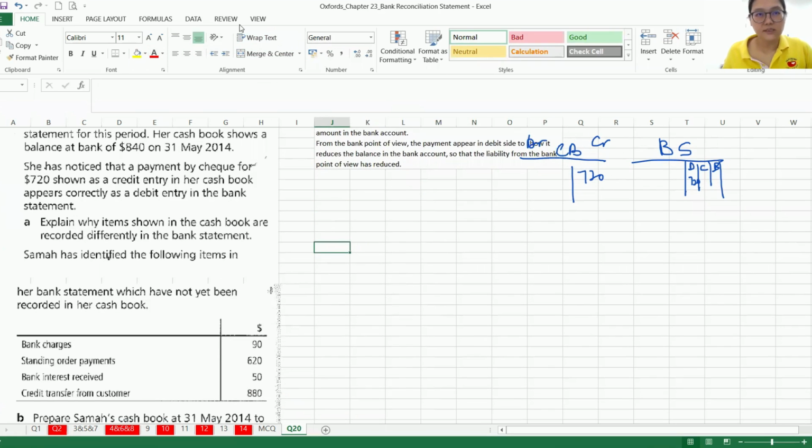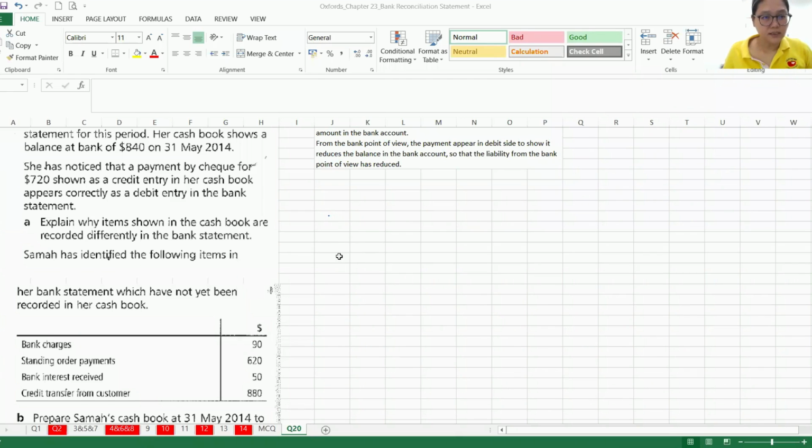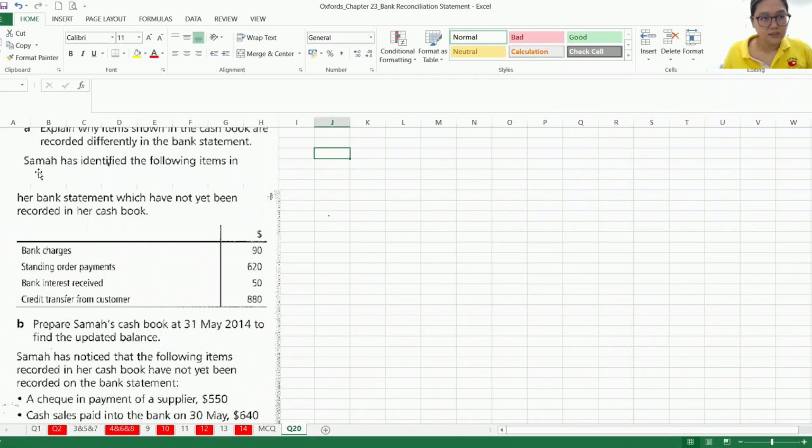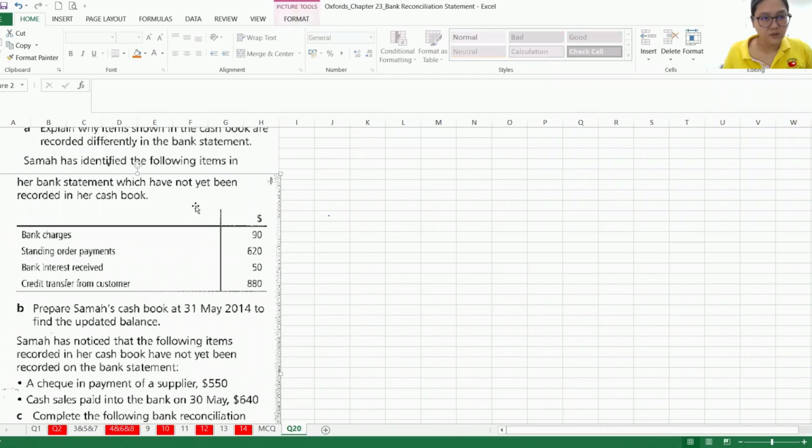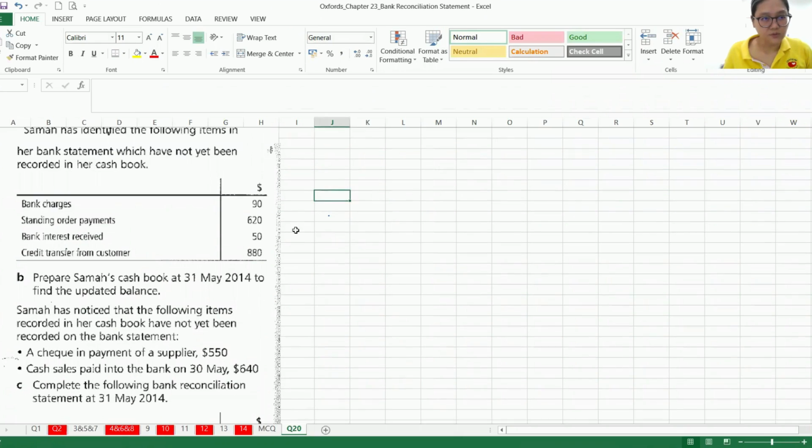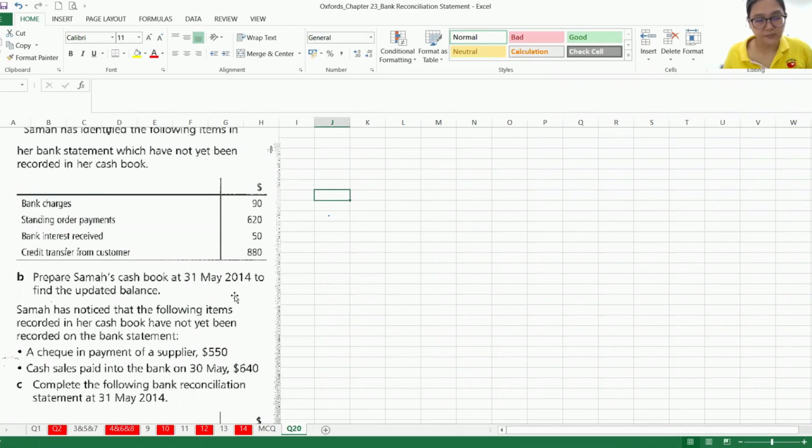Now next is the next question. They ask that, okay, Sama has identified the following record in her cash book. This is the information. Prepare Sama cash book at 31st May 2014 to find the updated balance.